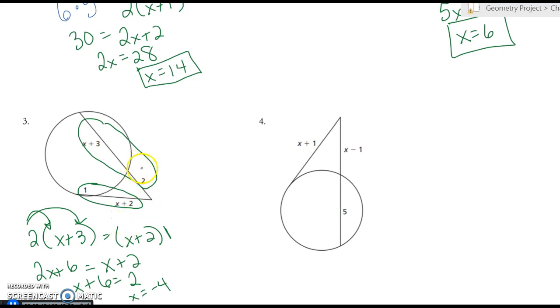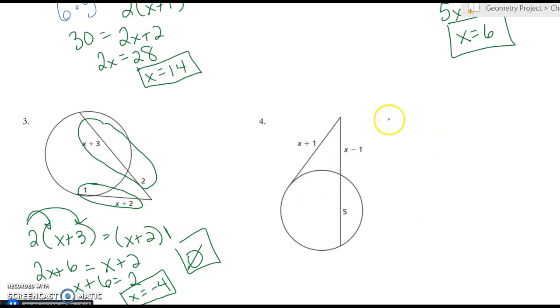Let's see if I made a mistake. 2x plus 3. So this right here does not work. This is kind of a false solution, so there's no solutions. Because when you plug something in, you shouldn't have a negative distance. So that's actually going to be no solution. There's no solution that works.